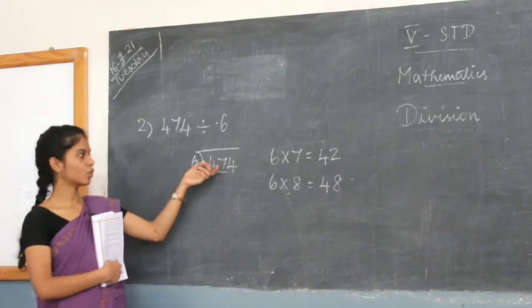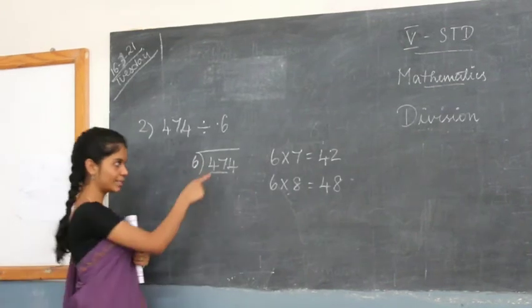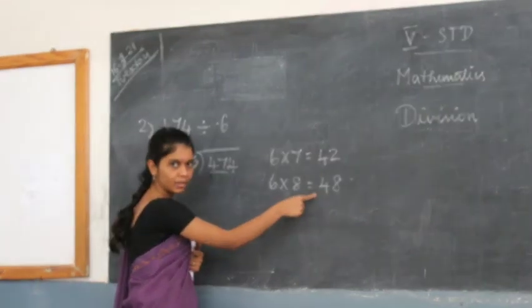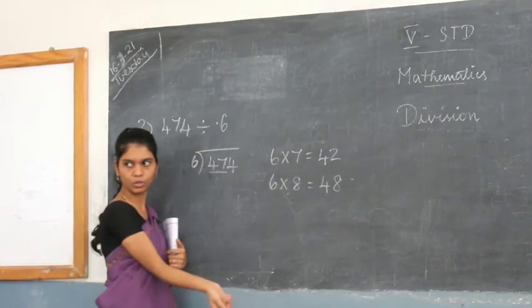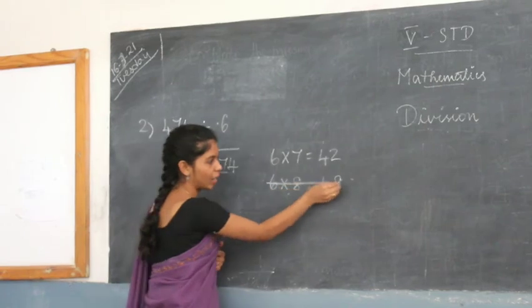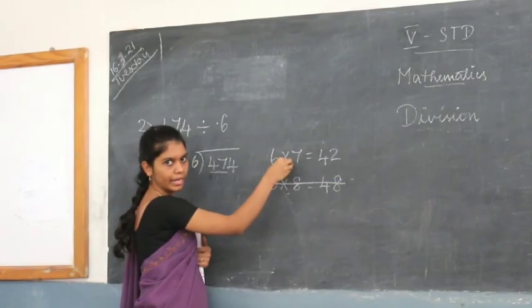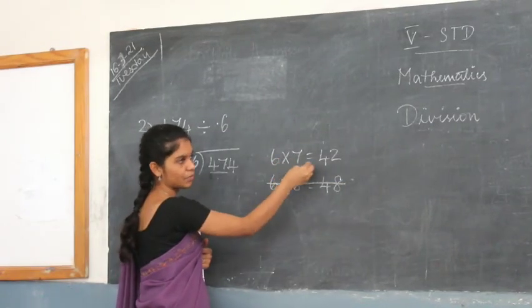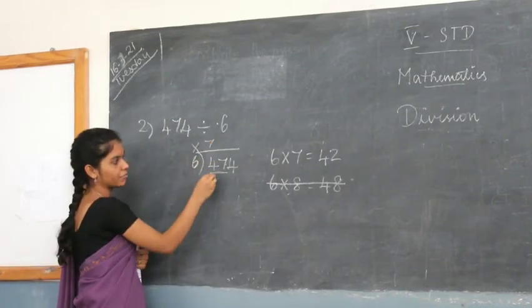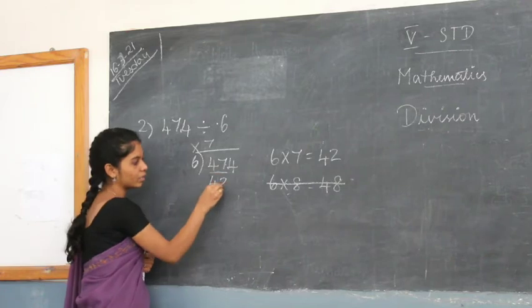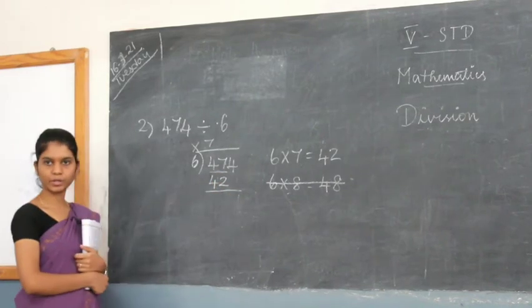Look at here, you got 47. 47 is lesser than 48. 48 is greater and 42 is lesser. So what you will do? You will strike this out and you will use the number before, which is 6 sevens are 42. So 6 multiplied with 7 gives you 42.